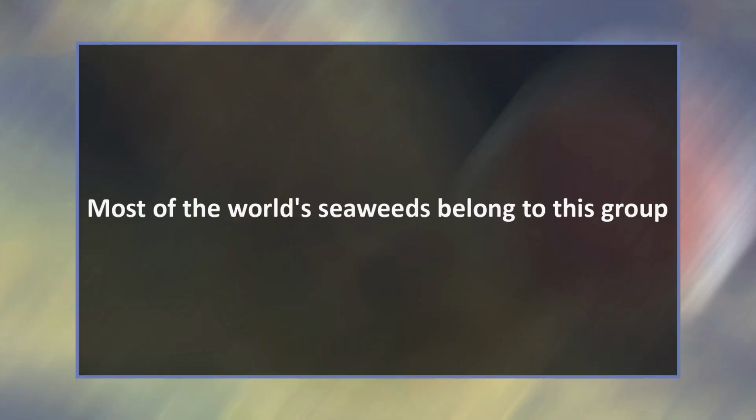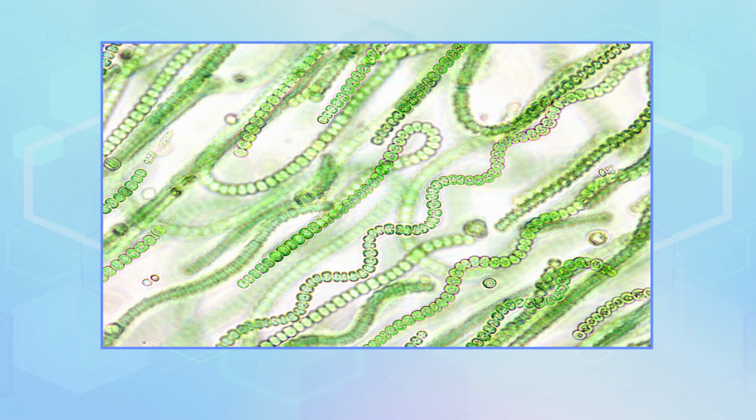Some of them have complex body organization. The food is stored as Floridian starch, which is very similar to amylopectin and glycogen in structure. Most of the world's seaweeds belong to this group. The chloroplasts of red algae are believed to be derived from cyanobacteria that formed an ancient symbiotic relationship with the algae.